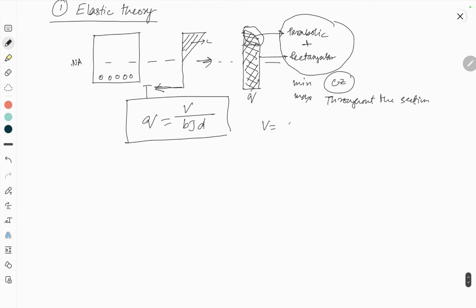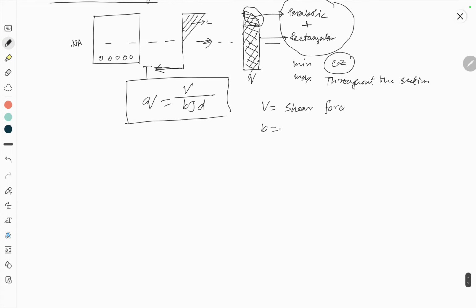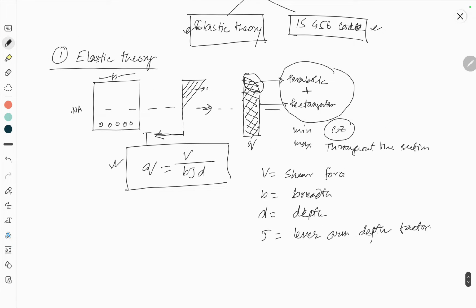Here V is your shear force, B is your breadth, D is the depth, and J is your lever arm depth factor. So this is the shear stress as per elastic theory.